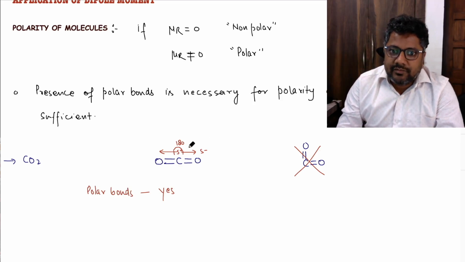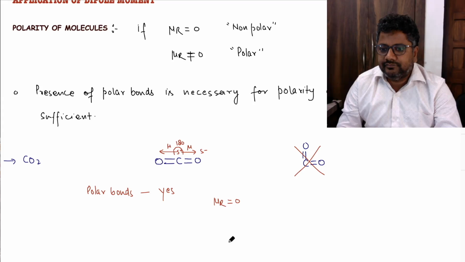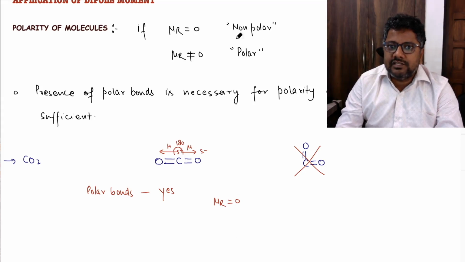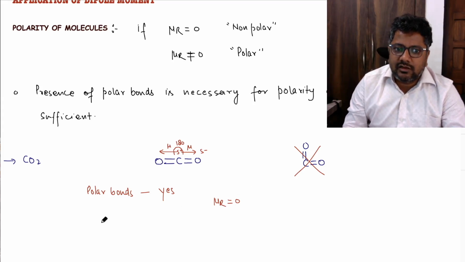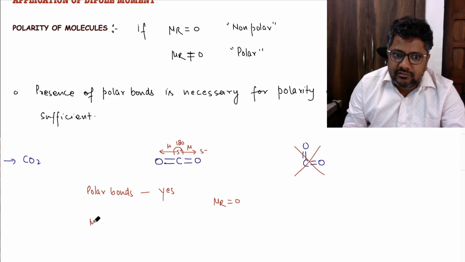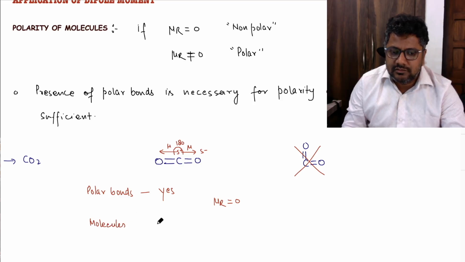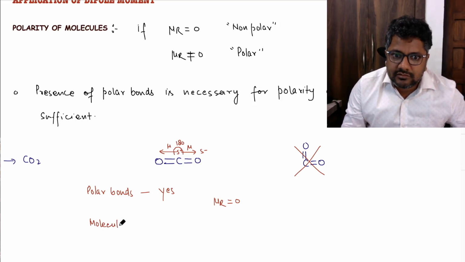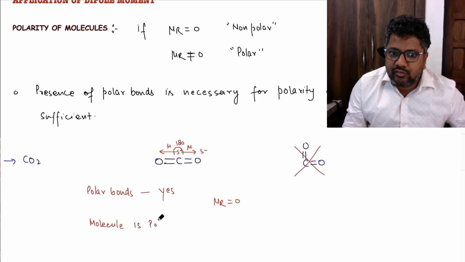So if mu is the dipole moment of this bond and mu is the dipole moment of this bond, what is the mu resultant? So mu resultant is equal to 0. And if mu resultant is equal to 0, then the molecule is overall non-polar. So polar bonds, but is the molecule polar?